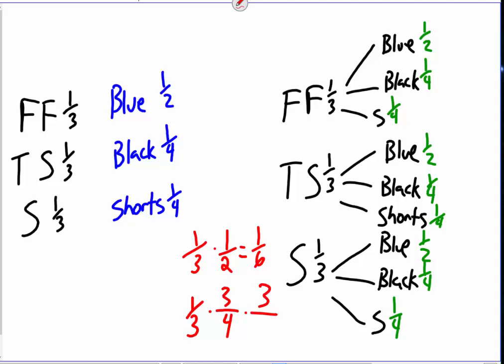So it ends up being 3/12, which is equal to 1/4. Make sure you reduce. Now again, real probability is a decimal between 0 and 1, but in this case, if we're talking fractions, it's just fine. It's all good.